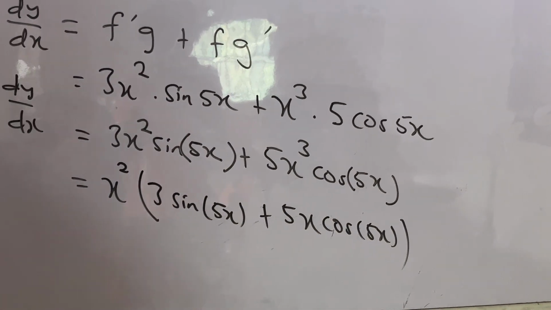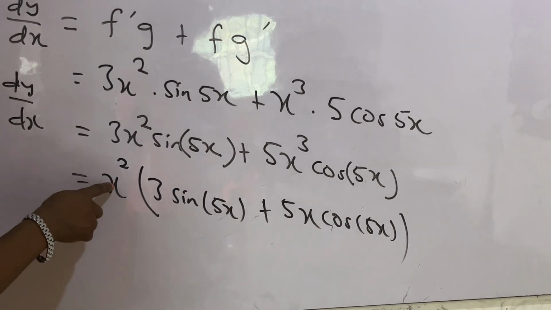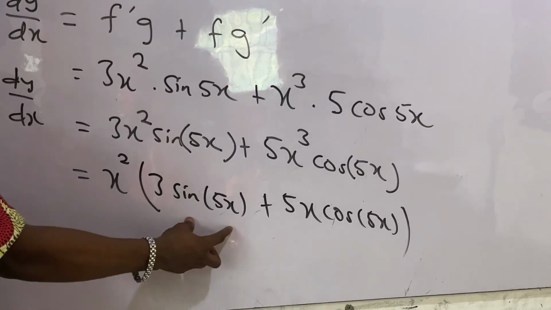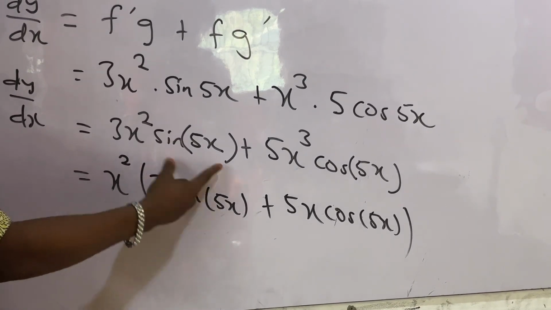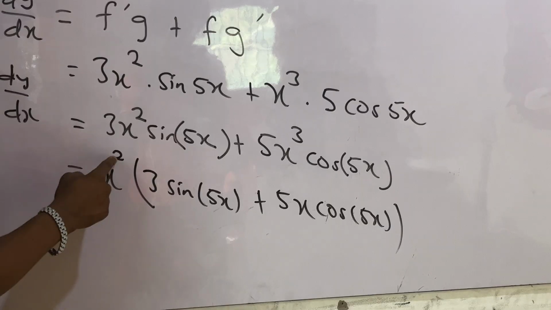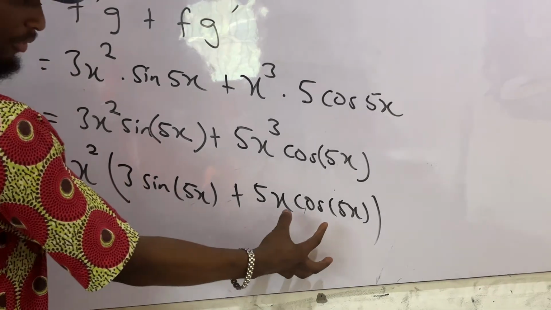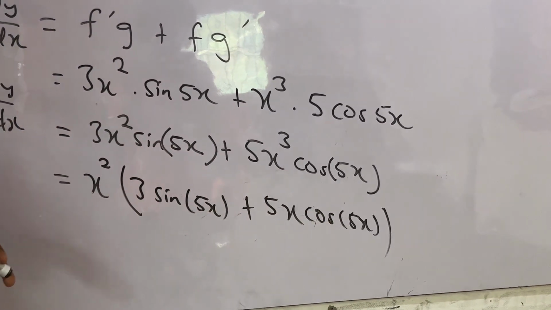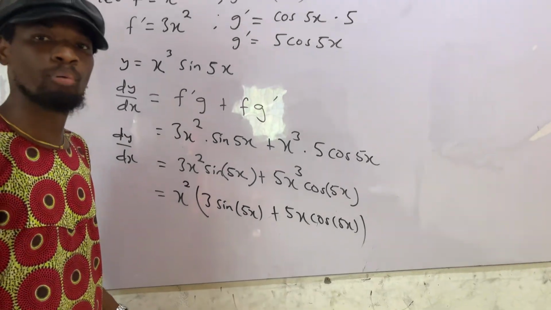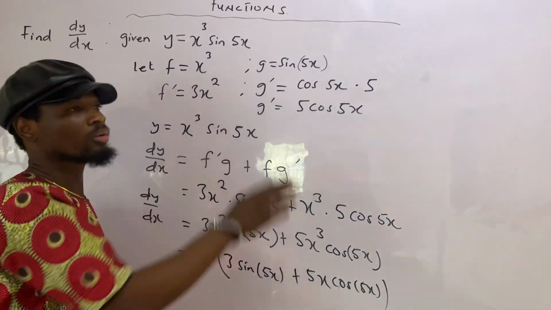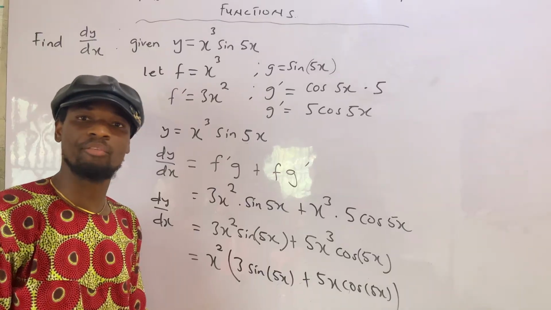As simple as that. So x to the power 2 times this gives this, then plus x to the power 3 times the whole of this gives this. Let's solve the last example to end the session for today.